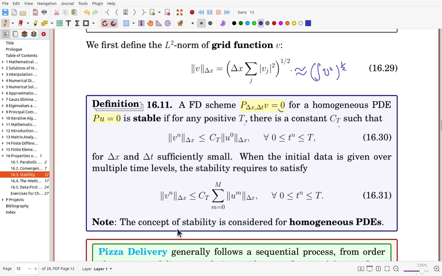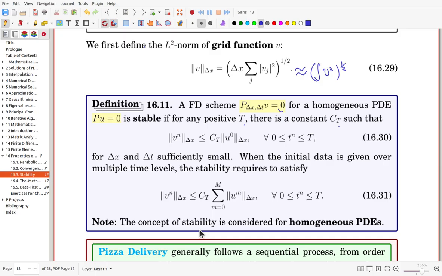Now, the concept of stability is considered only for homogeneous partial differential equations. The reason is, once a source, the right-hand side f, is given and non-zero, the solution energy can increase or decrease.